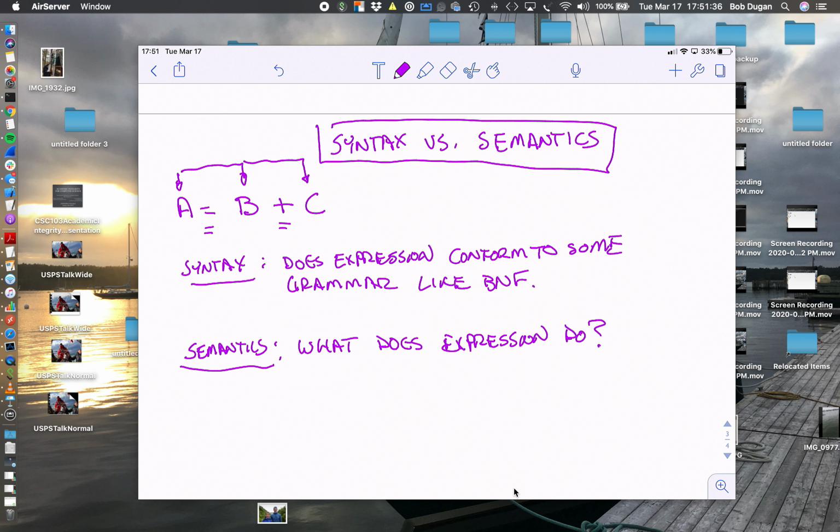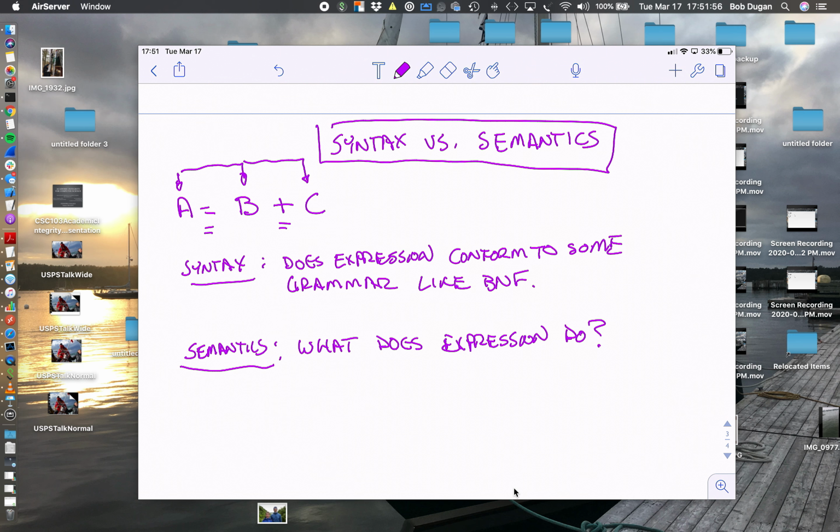So for example, that plus might, in some languages, add the values of B and C together, but in other languages, this might concatenate the values of B and C.